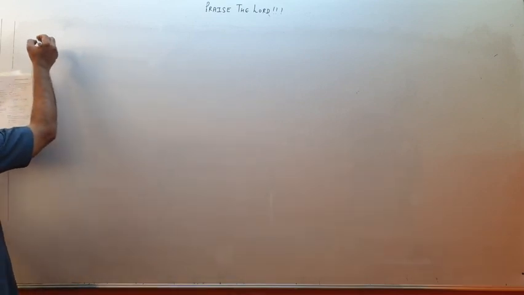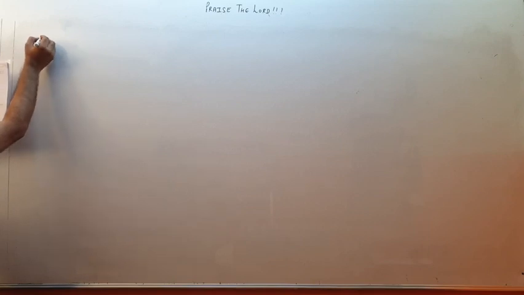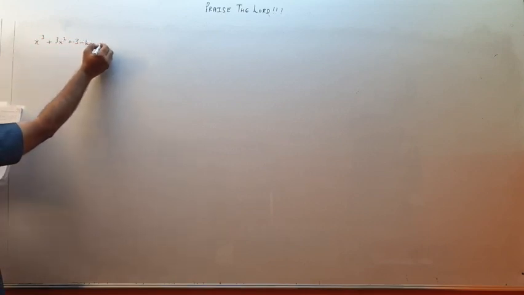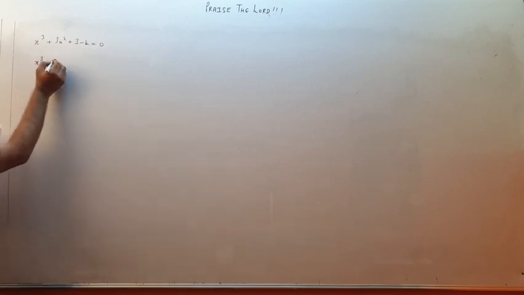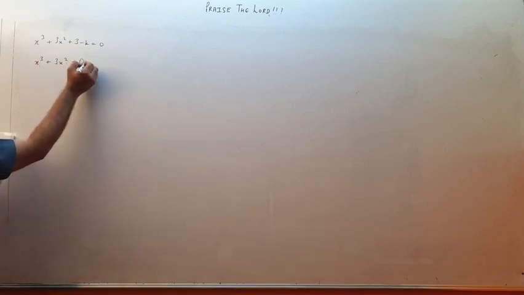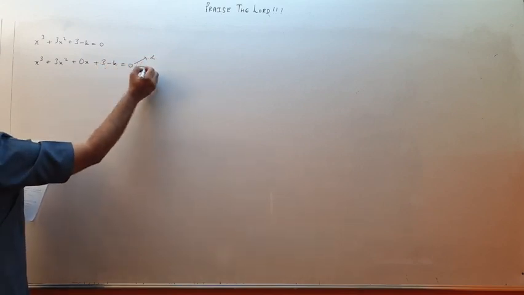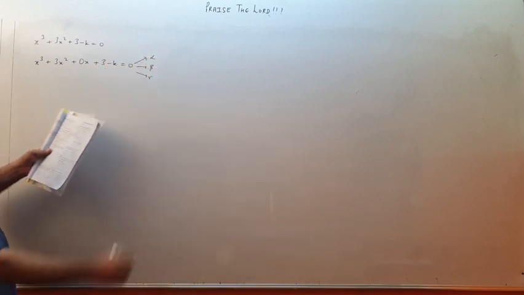This one. I am having an equation like x cube plus 3x square plus 3 minus k equal to 0. So it is x cube plus 3x square plus 0x plus 3 minus k equal to 0. Three roots are given to me as alpha, beta, gamma.